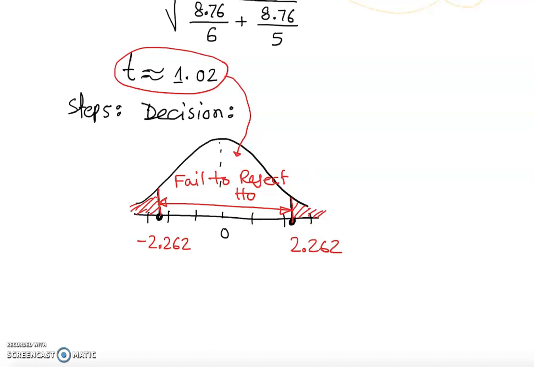If something is outside, we reject it. It's a rejection area. So this doesn't fall in a rejection area, so we just keep it. In other words, we say fail to reject the null hypothesis. So that is our step 5.